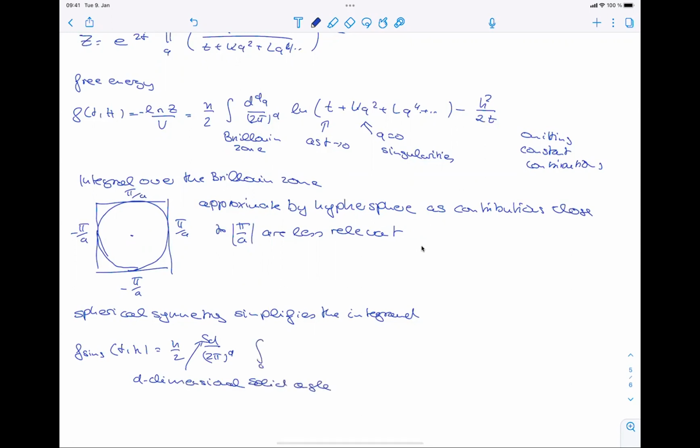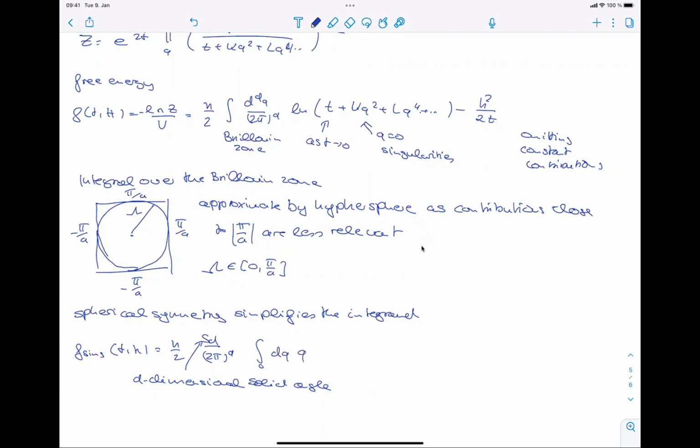And now we integrate q from 0 to, sorry, I should have noted this, this is what I call lambda, and lambda goes from 0 to pi over a. That's our hypersphere.